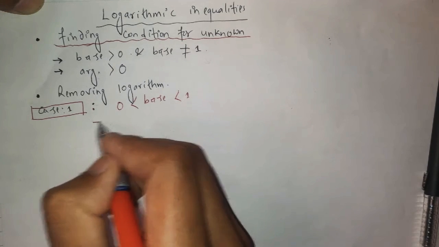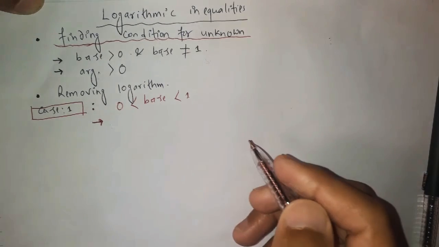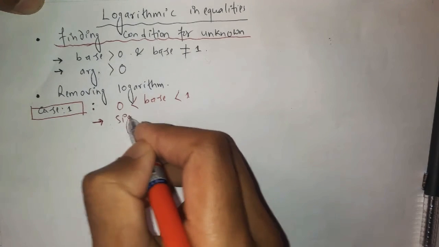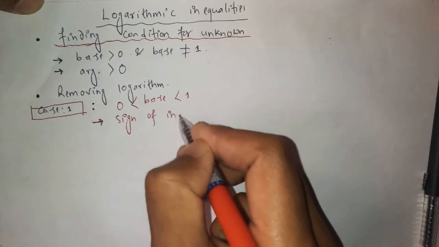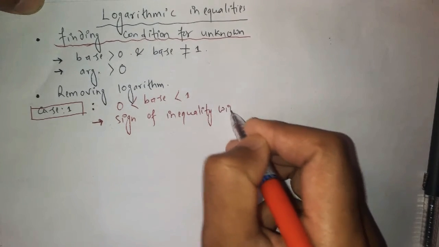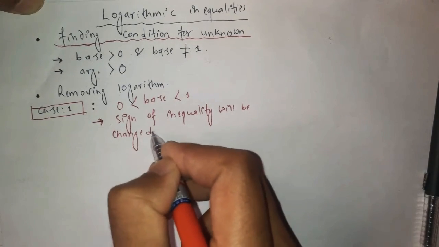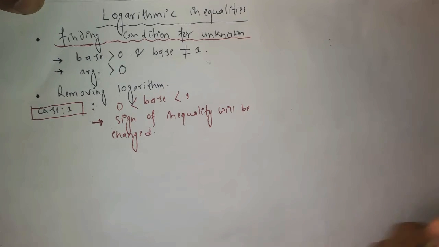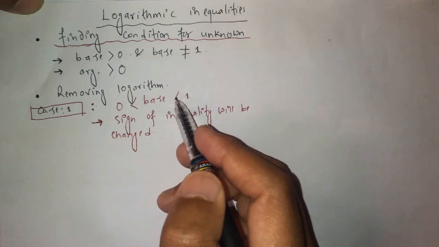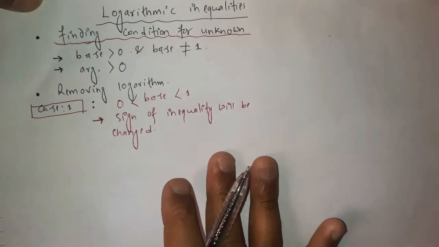Then the very important point to remember is that the sign of the inequality will be changed. If the base of the logarithm lies between 0 and 1, then the sign of the inequality will be reversed.